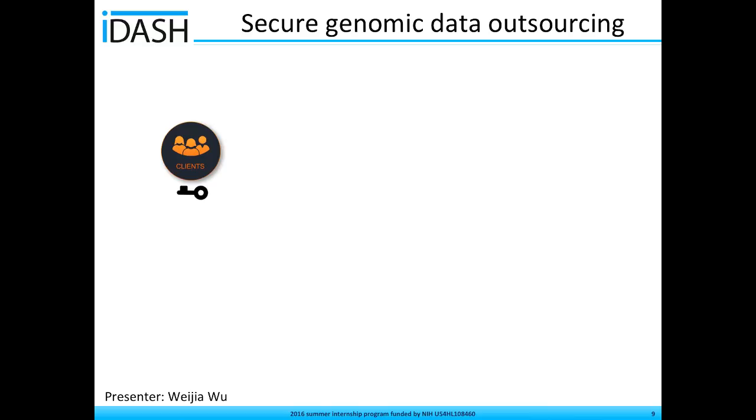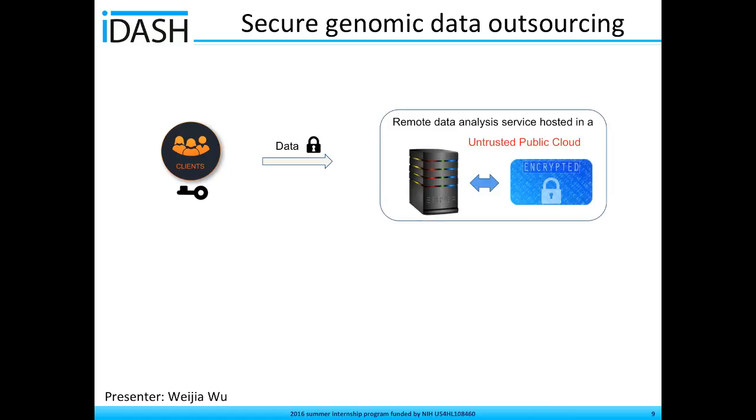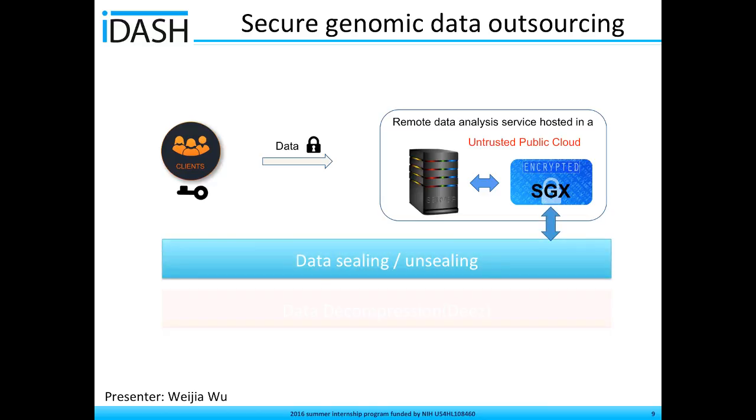First, the client will send his encrypted data to the server, and in the SGX-enabled server, you will first create an enclave. Inside the enclave, since the data is very large, we will first store the data using the data theory.